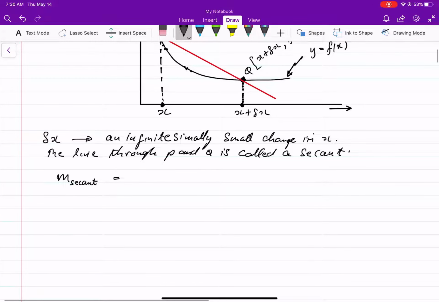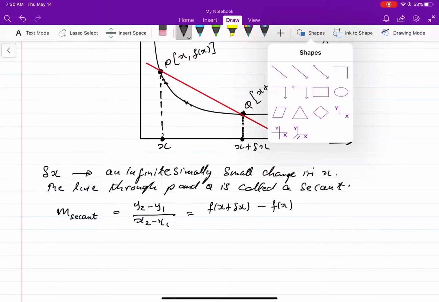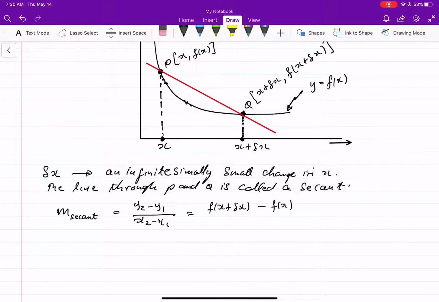Gradient of the secant is equal to, generically, y2 minus y1 over x2 minus x1, which would be y2. I'm going to use q as the x2, y2. So y2 would be f of x plus delta x. y1 will be f of x, so minus f of x, all upon x2 minus x1. x2 would be x plus delta x minus x1, x coordinate at p, which is x.